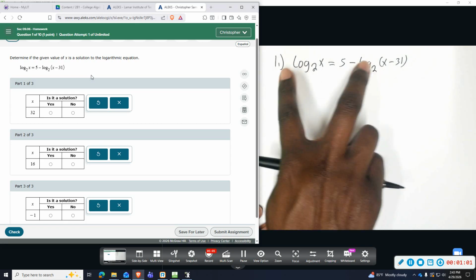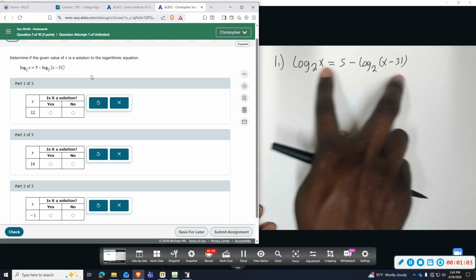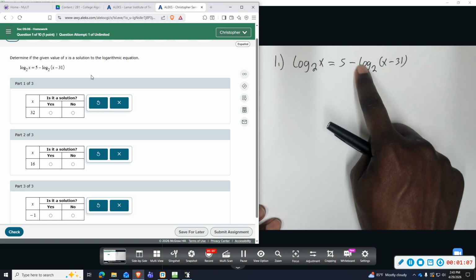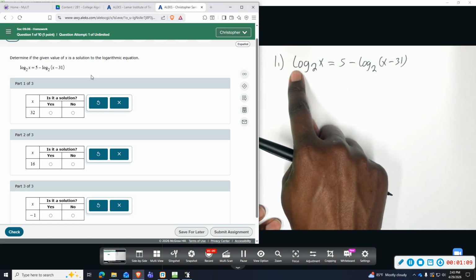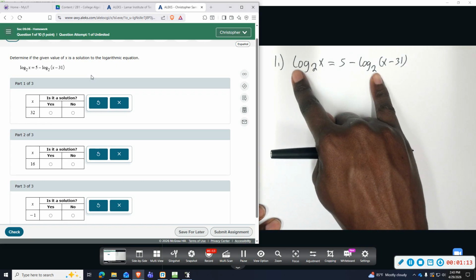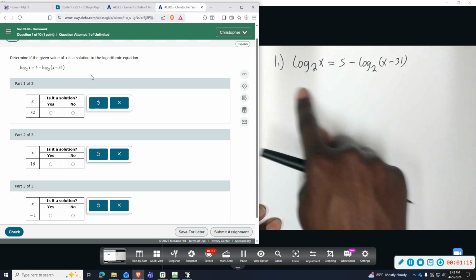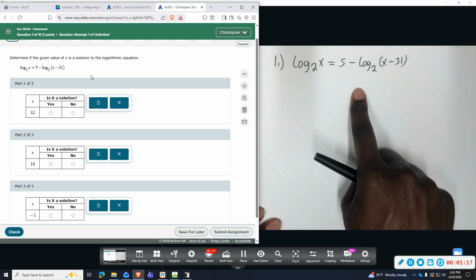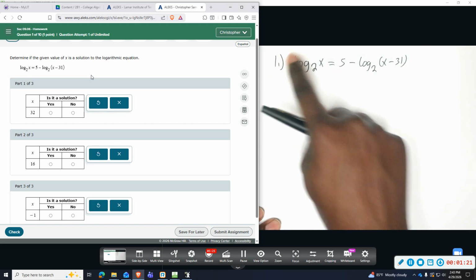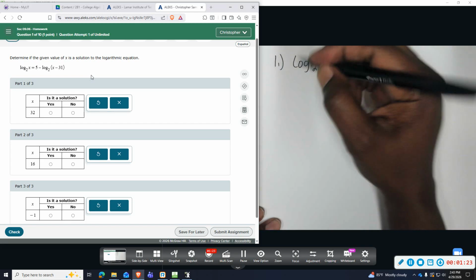I can't get just log equals log because of this term 5. So what I'm going to do is move the logs to one side. We're going to rewrite the logs as one log, write it in exponential form, and then we can solve it. First I'm going to add this log expression over so I can get both logs on the same side.